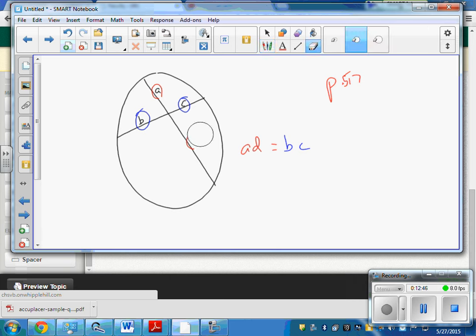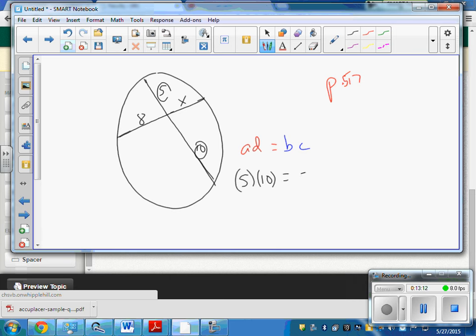So let's put some numbers in here and see if you can work this out. I could give you any three of these and you could immediately calculate the fourth. So if this is 5 and this is 8 and this is x and this is 10, and your task is to find x, multiply the 5 and the 10 together. 5 times 10, obviously 50, and that's the same as 8 times x.